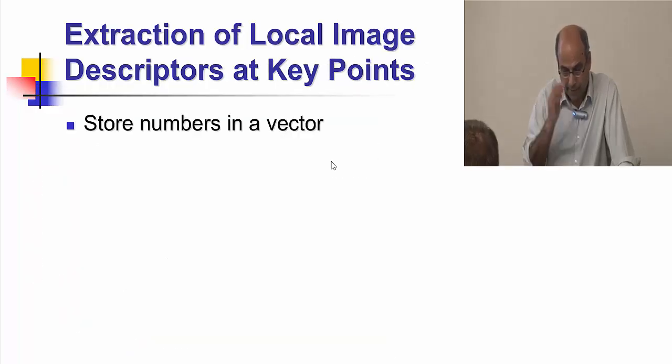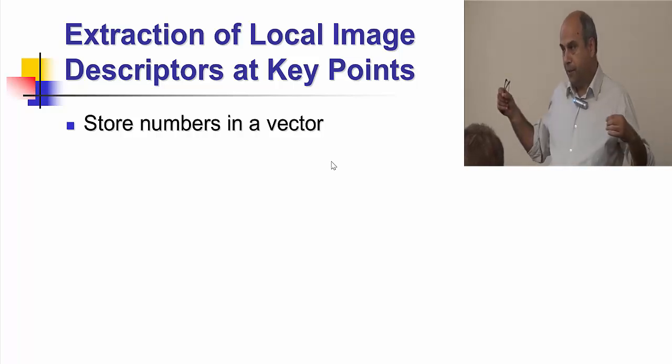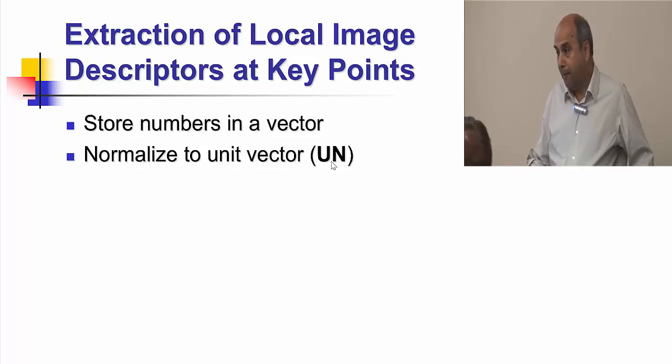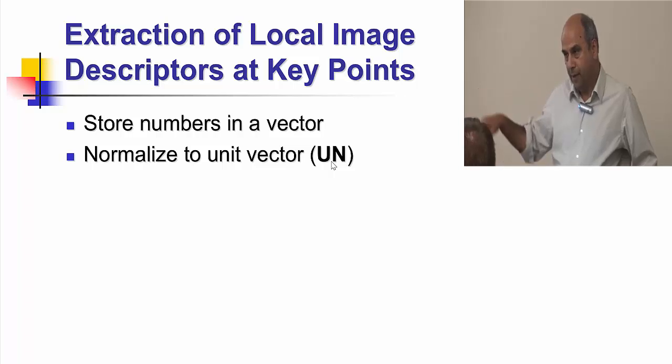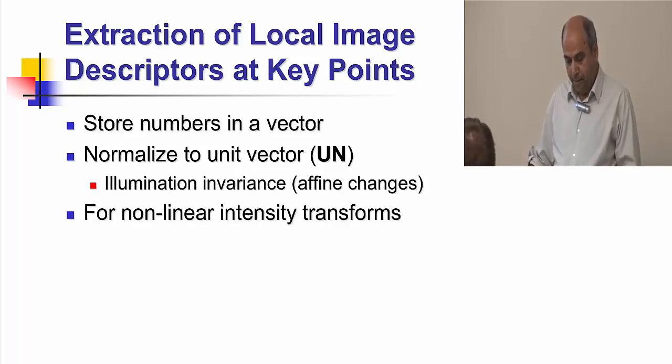So that's that, and then we will take those 128 numbers, put them in a vector, and we will normalize that vector by taking the magnitude and dividing each element, giving a unit vector, okay? That will help us get rid of illumination variance and so on.